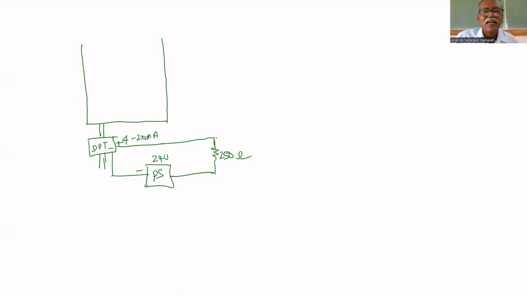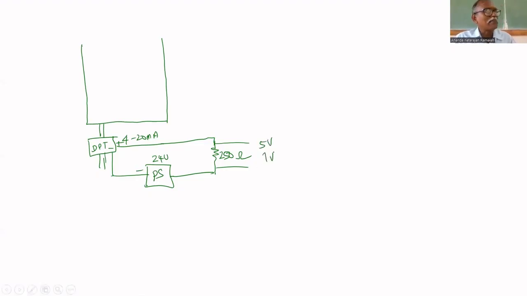Why? If you give across 250 ohm, for 20 milliamps, what is the drop across 250 ohm? 20 milliamps multiplied by 250, how much? 5 volts. You will get 5 volts. 4 milliamps multiplied by 250, how much? 1 volt.